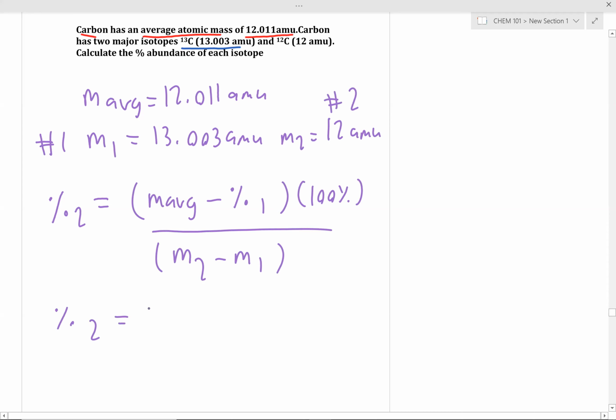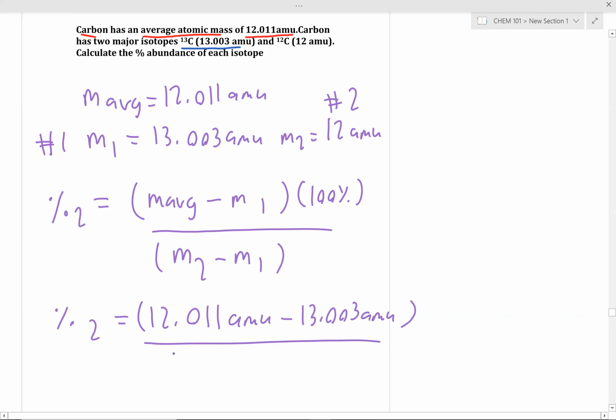We then plugged in our average atomic mass, which is 12.011 AMU, the mass of isotope 1, 13.003 AMU, the mass of isotope 2, 12 AMU, and again the mass of isotope 1, 13.003 AMU.